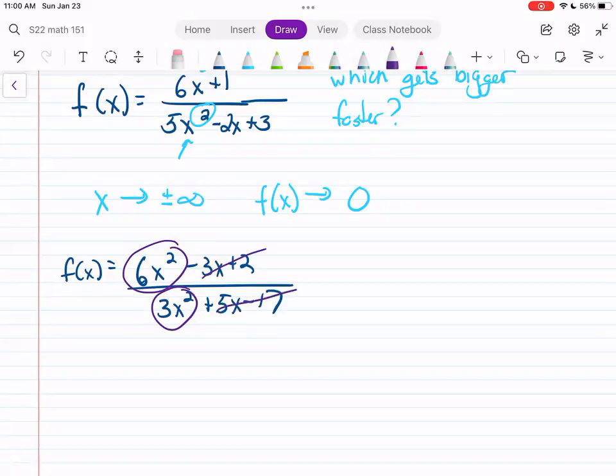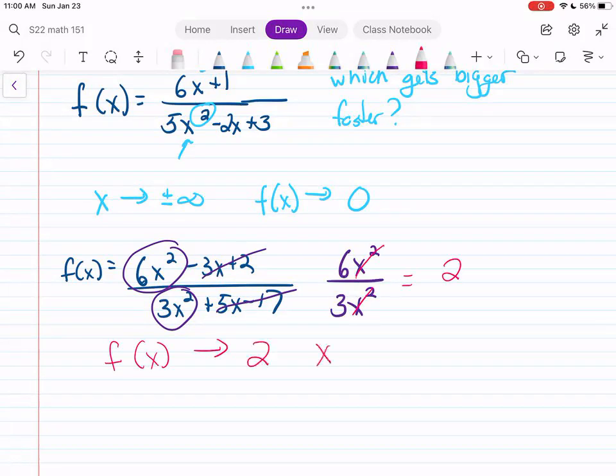So we can begin to ignore those because the biggest term starts to dominate. We can pay close attention then to just 6x squared over 3x squared. Notice these cancel and we're left with 2. This implies that the function f of x is going to go to 2 as x goes to positive or negative infinity. That's our horizontal asymptote.